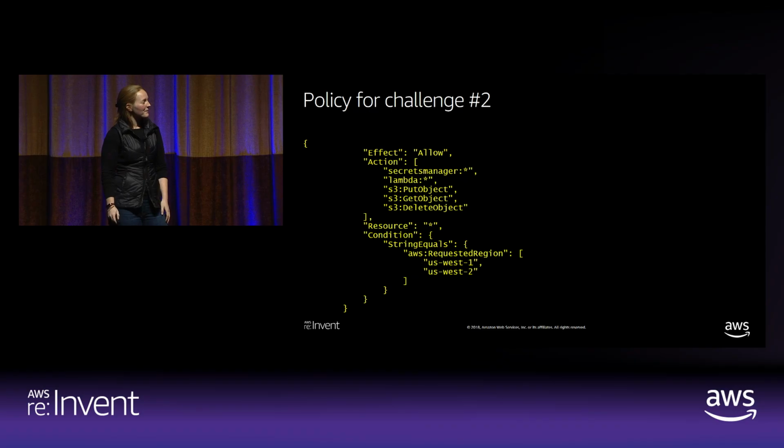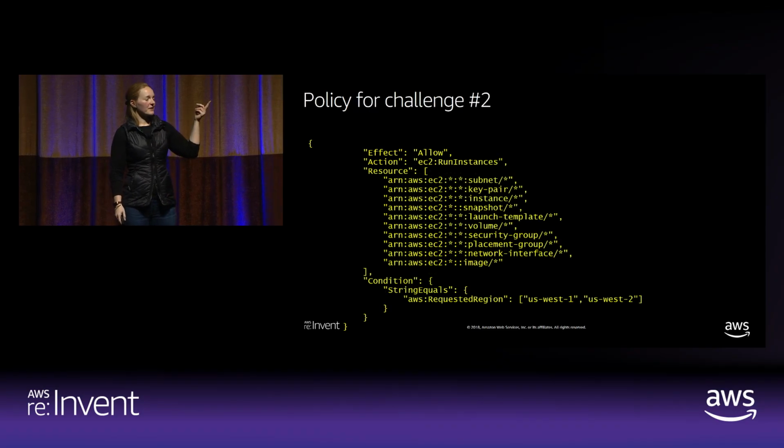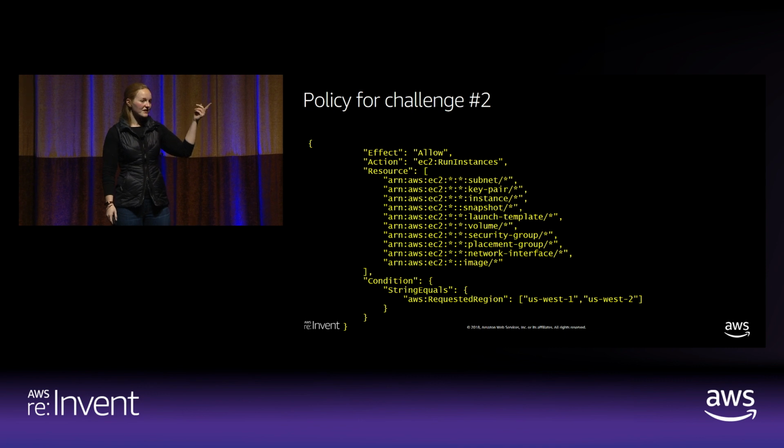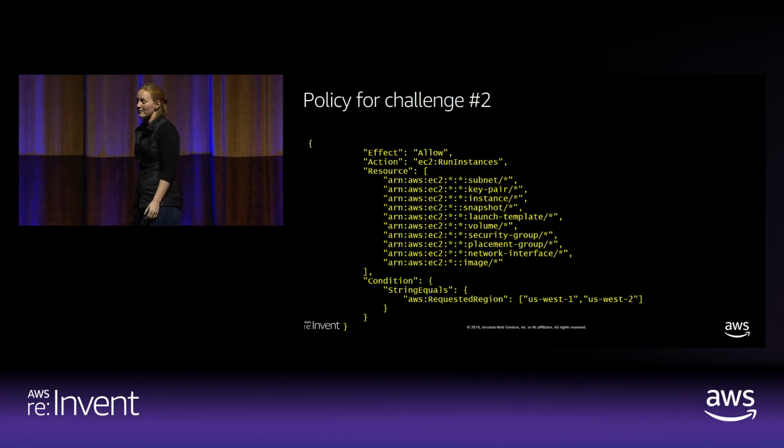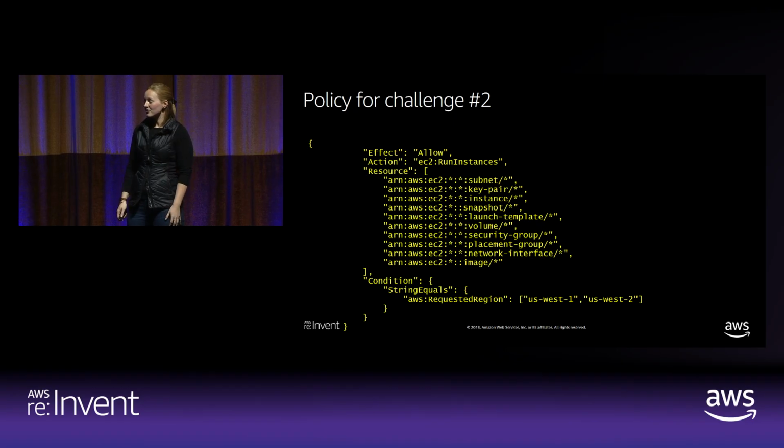And then you're probably wondering about EC2. I call out EC2 separately just because I want to talk to the fact that EC2 run instances, which is your create, allows you to authorize against a ton of different resources and parameters. And so these are all the ones that they actually do. And so you can specify which subnet, which instance, all that sort of stuff.